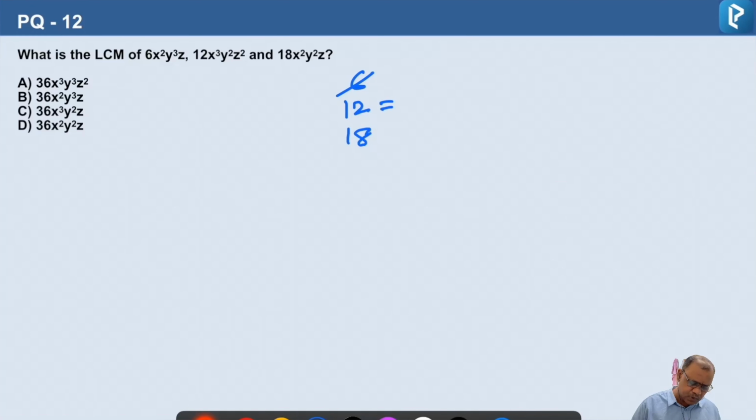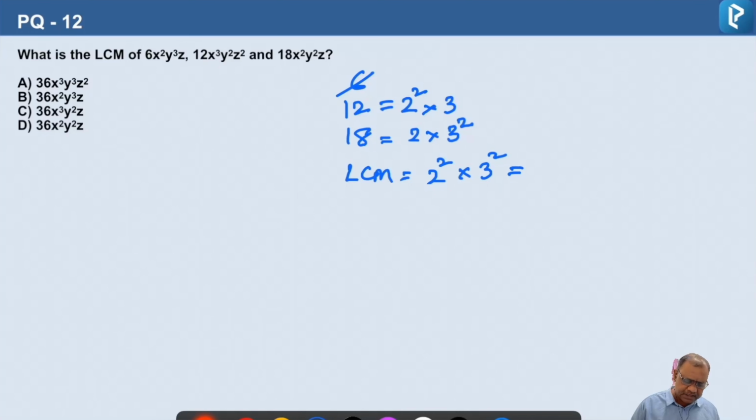So 12 is 4 3s, and 18 is 9 2s. So what is the LCM? 2 highest power 2, 3 highest power 2, 4 into 9, 36.